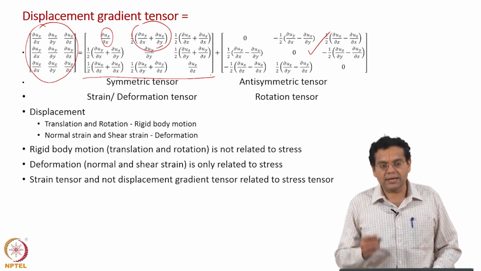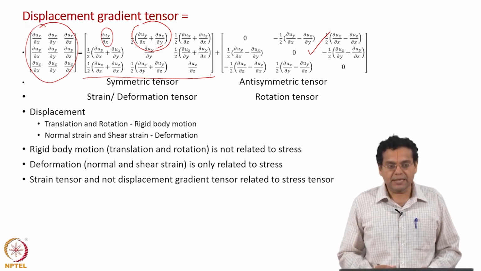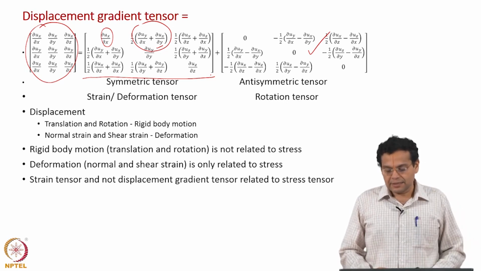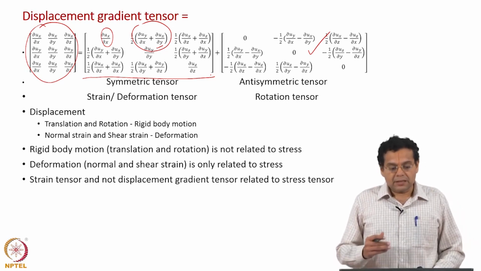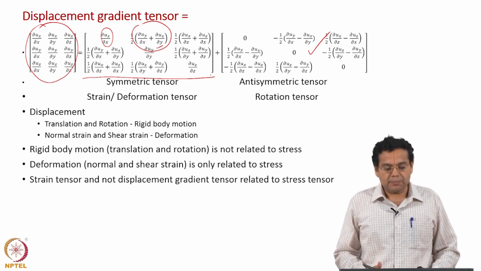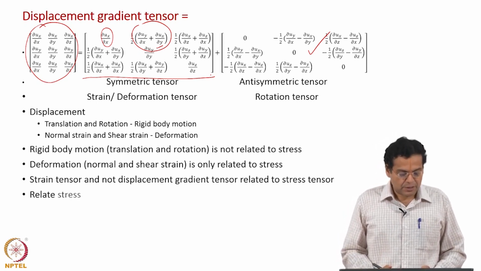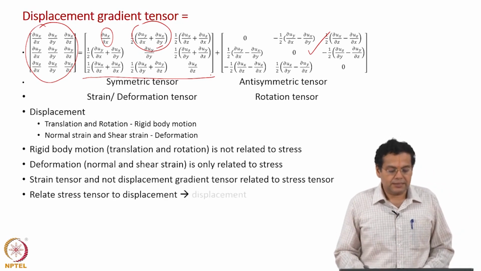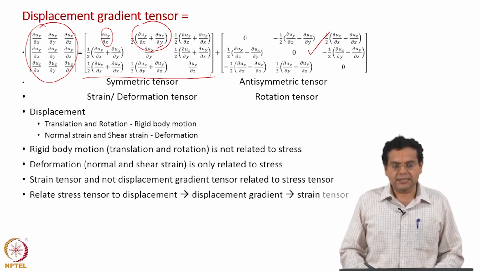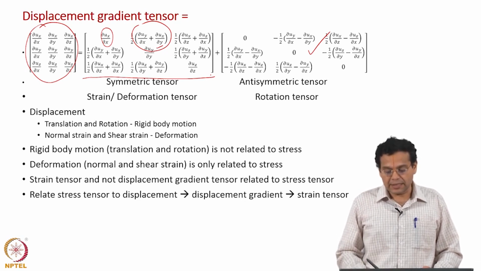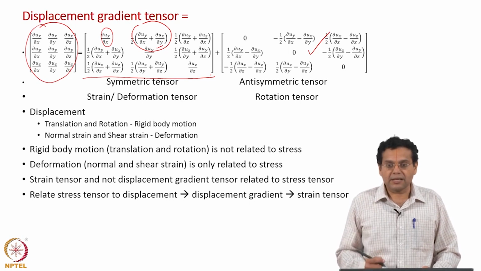How are we going to relate, that we will see, but we should be ready with the right hand side. Left hand side is the stress tensor, the right hand side is not the displacement gradient tensor, but the components of the strain tensor. So, relate stress tensor to displacement. When I say displacement, it is displacement gradient, not even the displacement gradient tensor, but one part of it, namely the strain tensor.